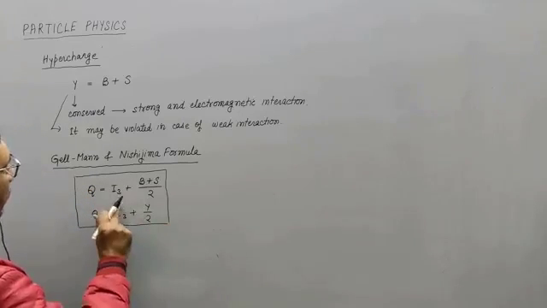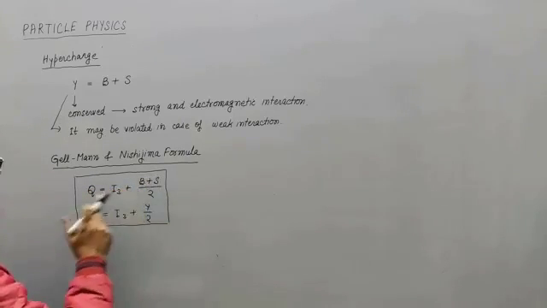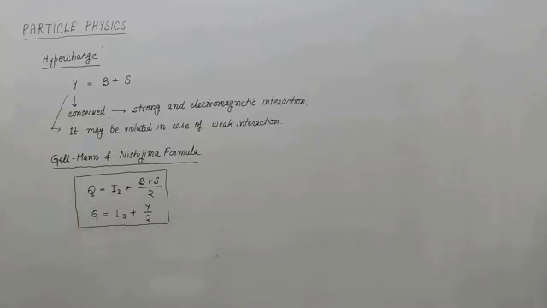If you are aware of these values I3, B and S, you can always find the total charge. You can also verify for different examples. Now we can summarize at this point. I want to summarize all the conservation laws.